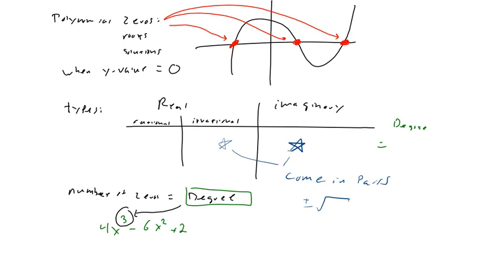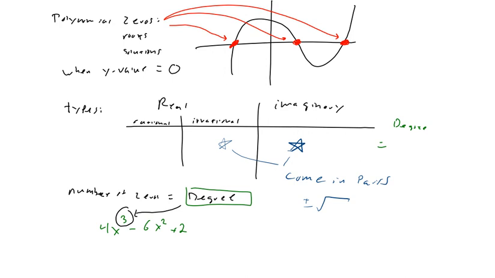It's guaranteed to have 3 of them if it's a cubic; whatever the degree is guarantees that many zeros. The irrational and the imaginary come in pairs. You can have any number of rational, but the total has to equal the degree. And we made these charts, and then we used the graph to find out which chart was correct.